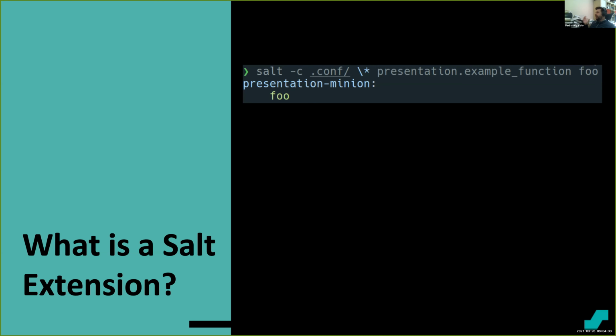So salt -C, because I'm using a local configuration, the target, so I'm targeting all minions. And this extension is called presentation. And I'm calling the example function, which is just an echo and returns the text. And that's what it returns. And so basically, that's really it.